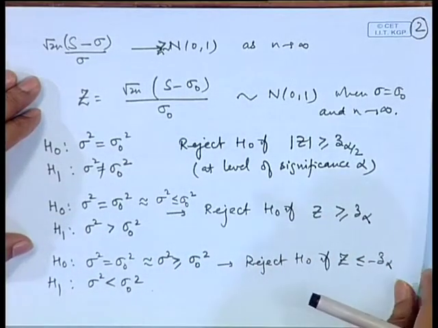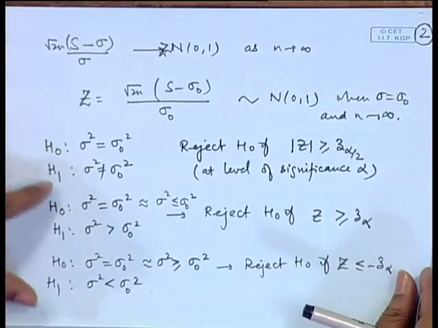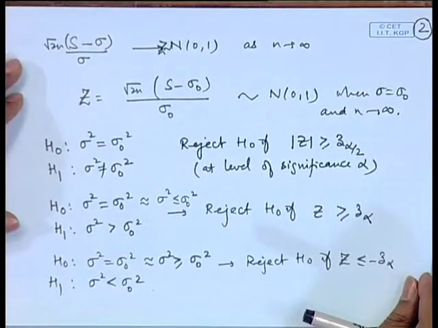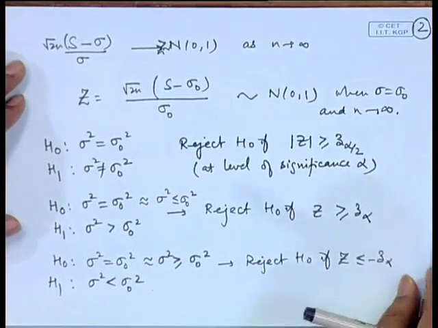I will give one example here, where this role of null and alternative hypothesis is important, and one has to take a justified decision on in what way we should write down the null and the alternative hypothesis.